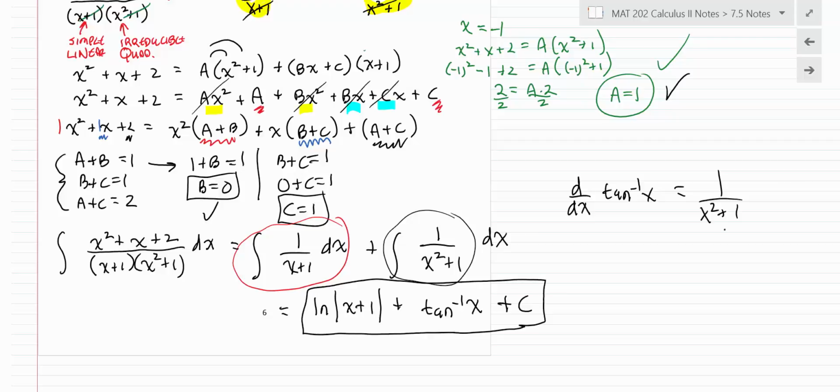Yeah. After you found a by setting x equals -1, could you then let x be equal to 0, and then you would have a b term, and since you already know a, could you solve for c that way? Yeah, I think so.